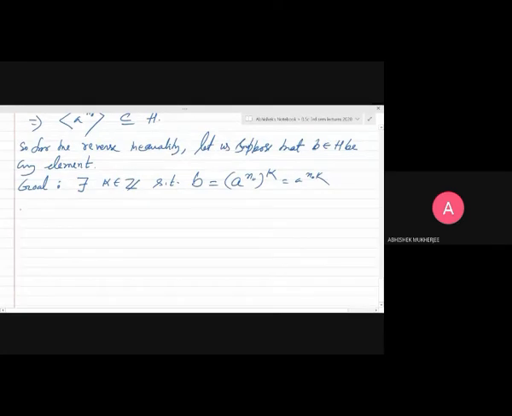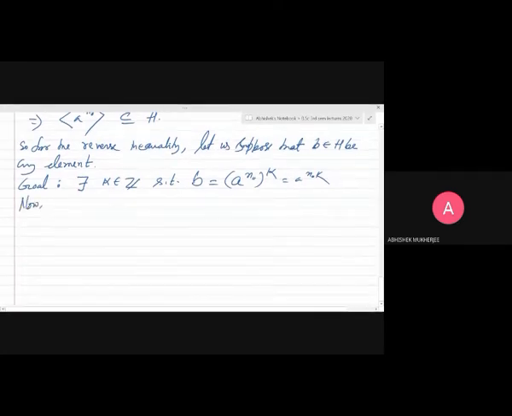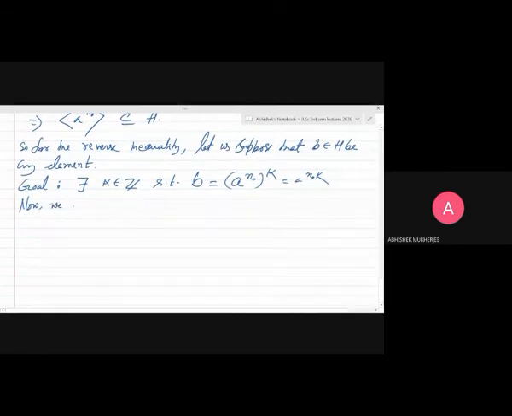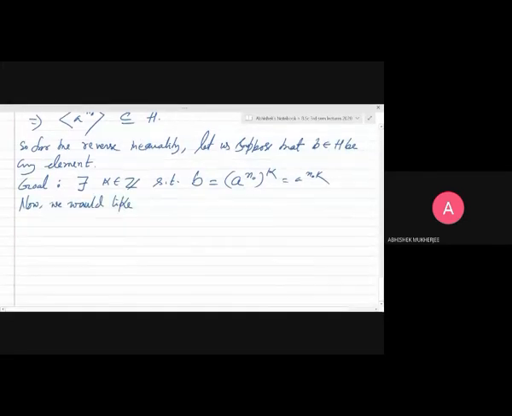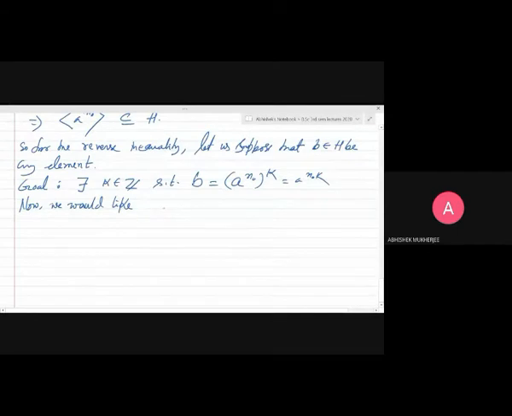Okay, so now to prove this, we need to call the division algorithm here, as we have done in the proof of Z plus. Okay, so now we would like to use the division algorithm.